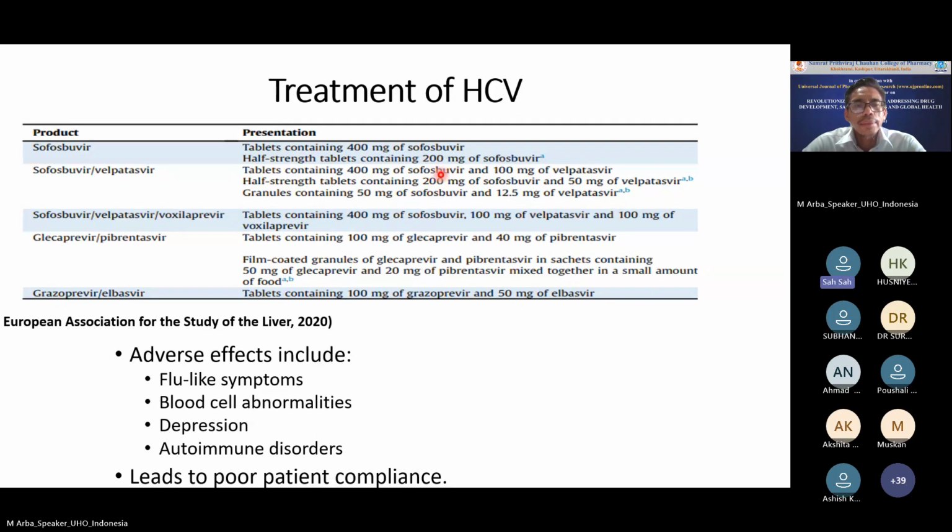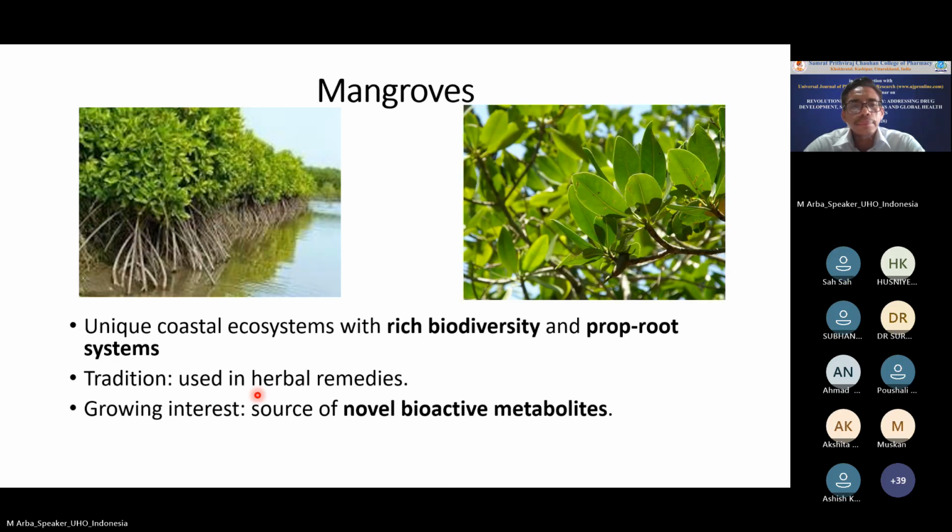The current treatment for HCV is sofosbuvir, but adverse effects including flu-like symptoms, blood cell abnormality, depression, and also autoimmune disorder were found in patients.